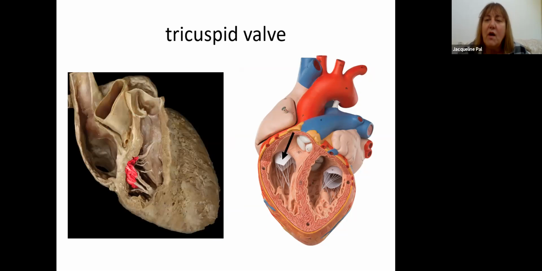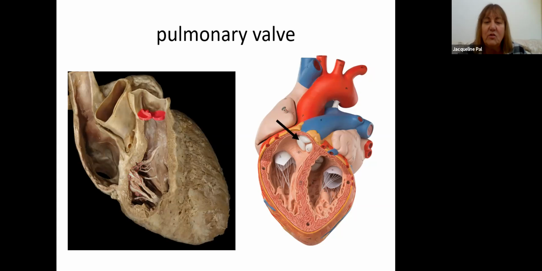We now have valves, which are kind of like doorways. For blood to exit one of these chambers, it has to go through a valve. The valve known as the tricuspid valve is on the right side of the heart between the right atrium and the right ventricle. The next valve on the right side would handle blood trying to leave the right ventricle, and it also is in the same plane.